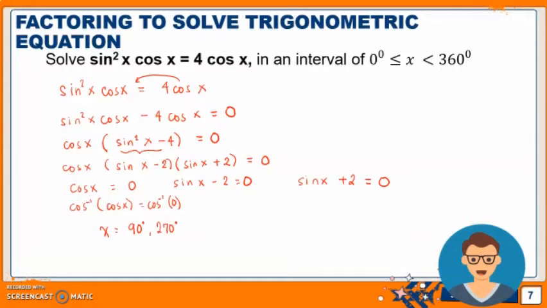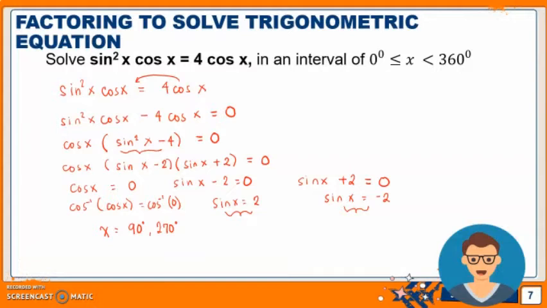So here we have sine x is equal to 2 and sine x is equal to negative 2. Neither has a solution, so this would become a math error if you do it in the calculator.